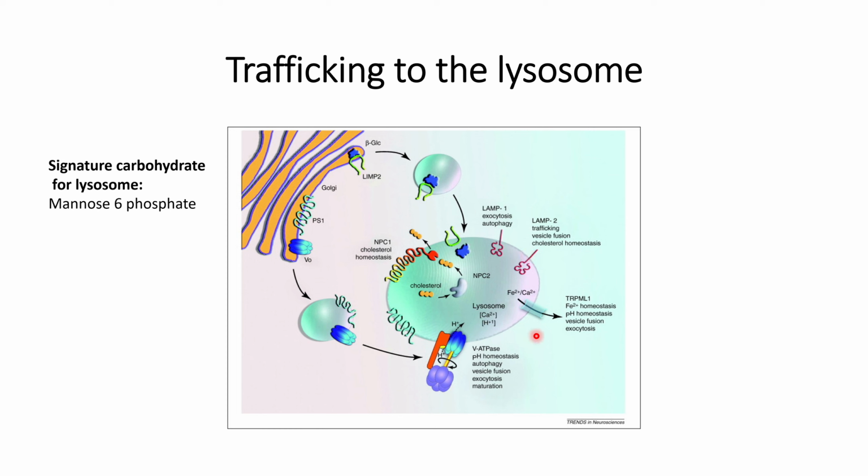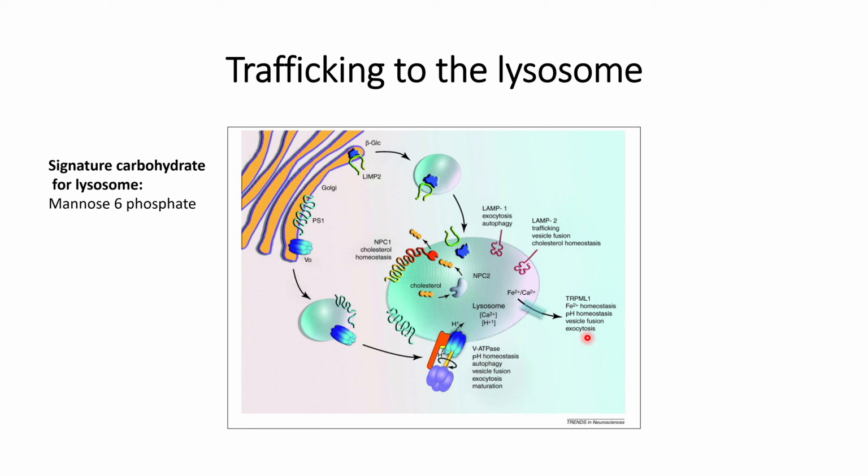There are other things also maintained by the lysosome, such as iron homeostasis and pH homeostasis. As we know from a previous slide, acidification of the lysosome is important to recycle the mannose 6 phosphate receptor back to the cytosol of the cell so that it can take up more mannose 6 phosphate proteins.